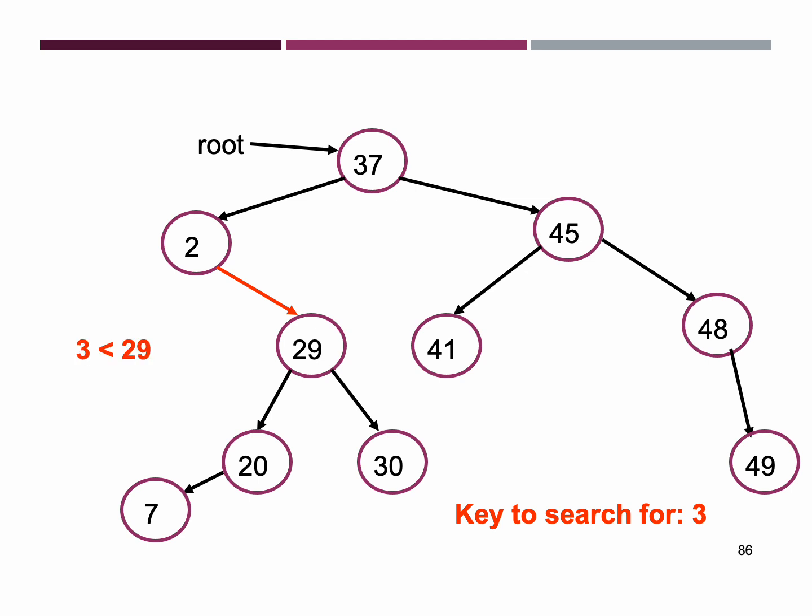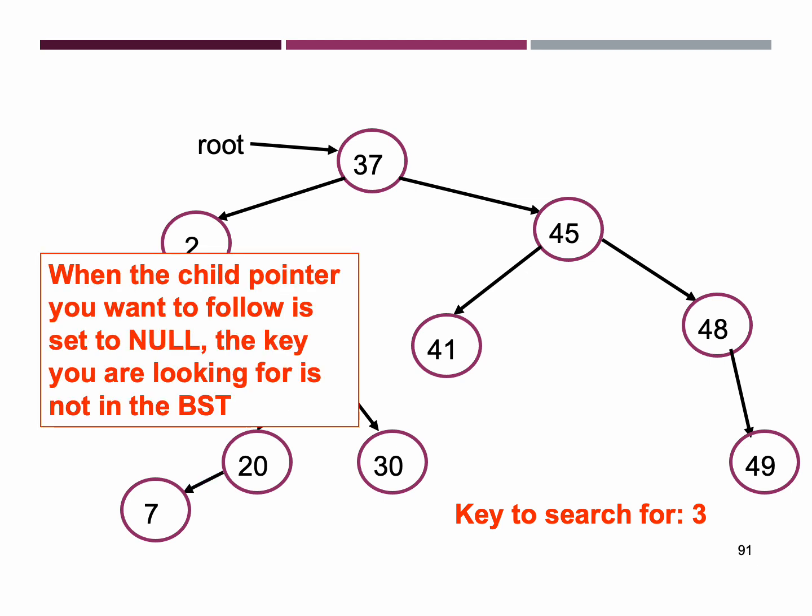Then 3 is less than 29, so it will go left, where we have 20. And 3 is less than 20, it will go left. So we have 7 here. Now 3 is less than 7, but there is no other node left.